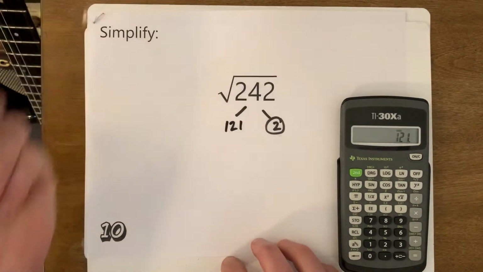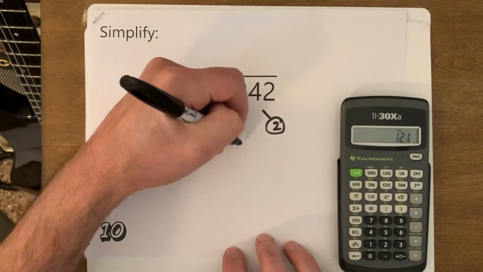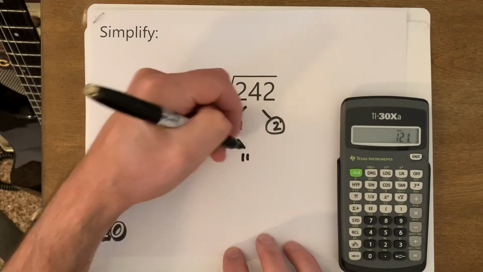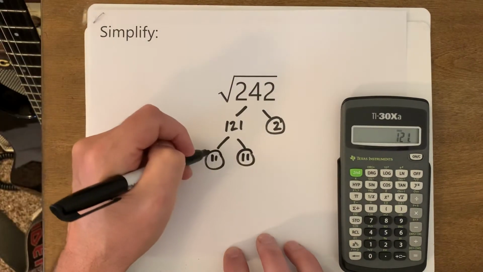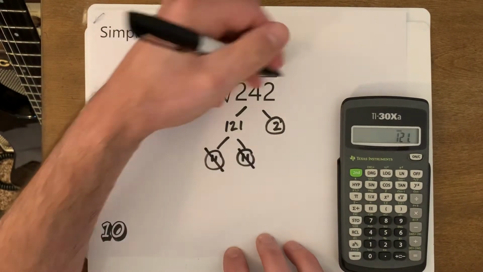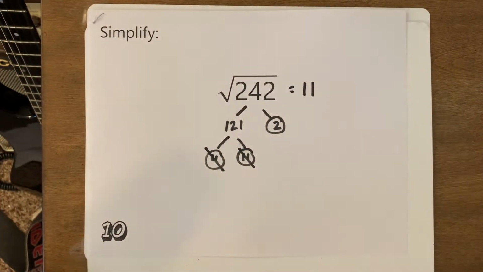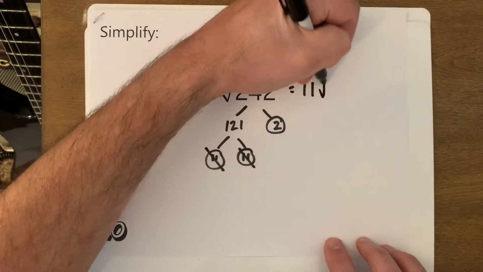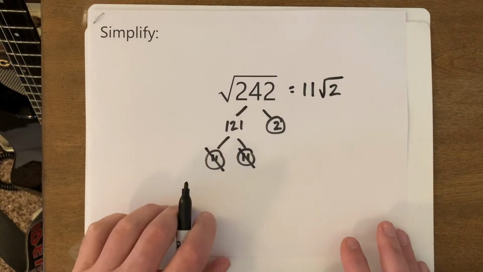I don't want you guys to think there is anything wrong with using a calculator. There's really not. 121, I know that's 11 times 11, and those are both prime. So this time, the 11s come out as a single 11 on the outside, but the 2 stays inside. So 11 root 2 for 242.